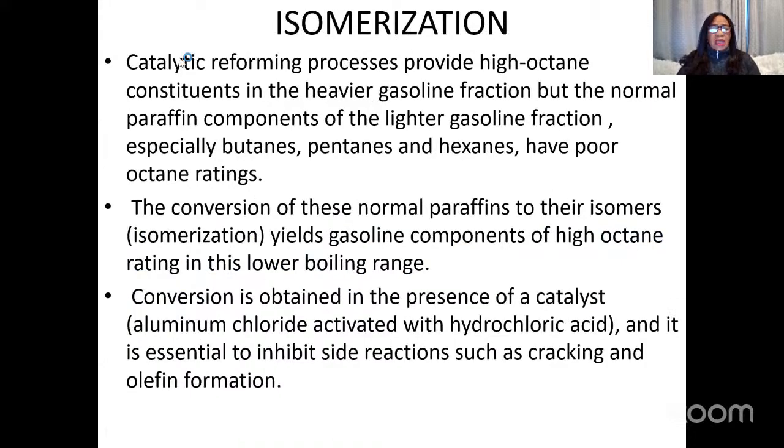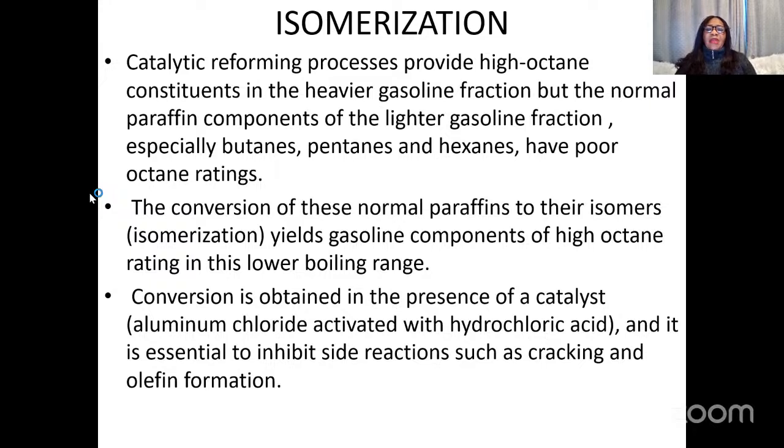Now let's look at isomerization. This is a catalytic reforming process that provides high octane constituents in the heavier gasoline fraction.